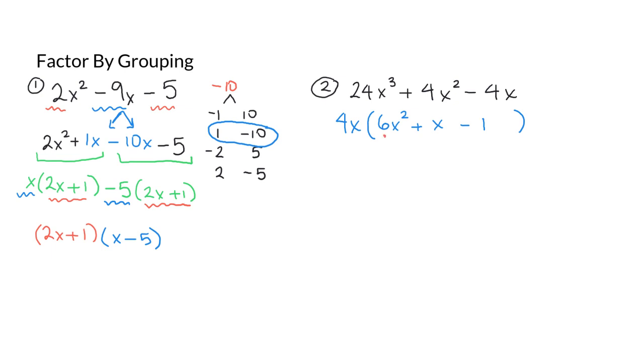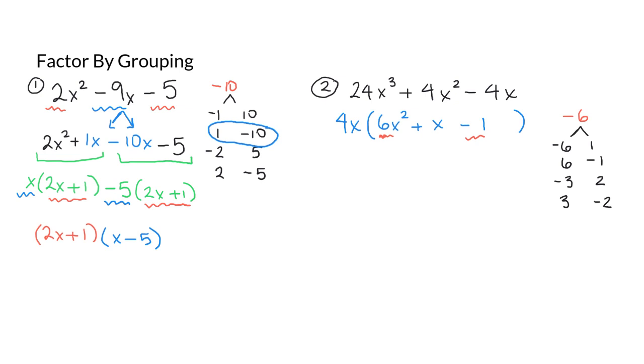Ignoring the 4x out front, we multiply the x squared coefficient 6 by the constant term -1, which is -6. And then we list out all the factor pairs of -6. That's -6 times 1, +6 times -1, -3 times 2, +3 times -2.